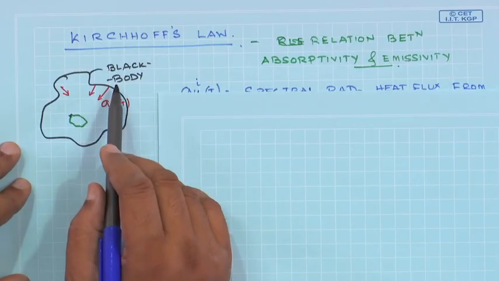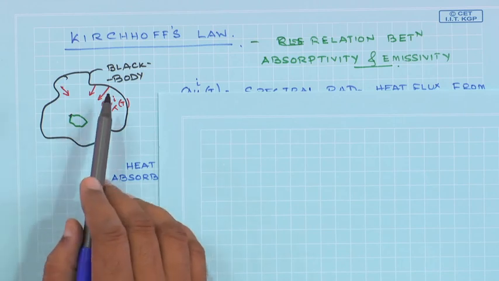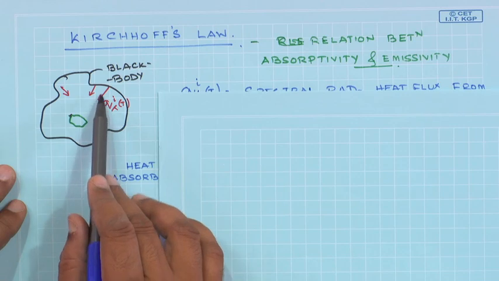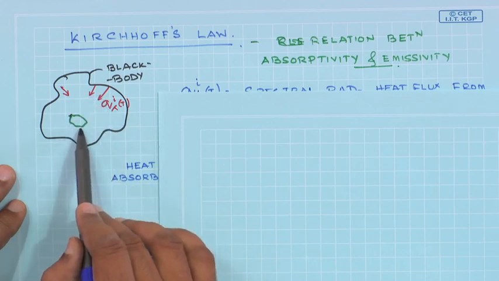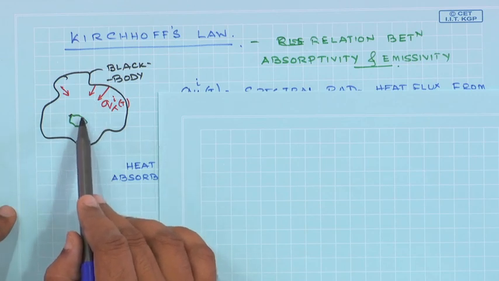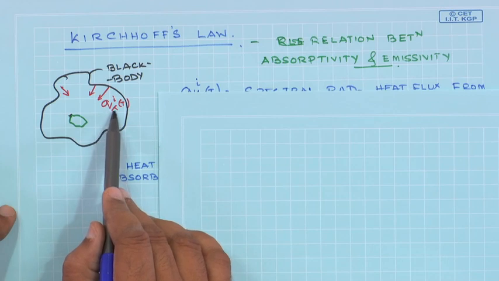If you look at the pictorial description, this is an enclosure which is a black body. It is emitting radiation, and this is the object placed inside the enclosure. The amount of energy incident on it is q_I,lambda,T.